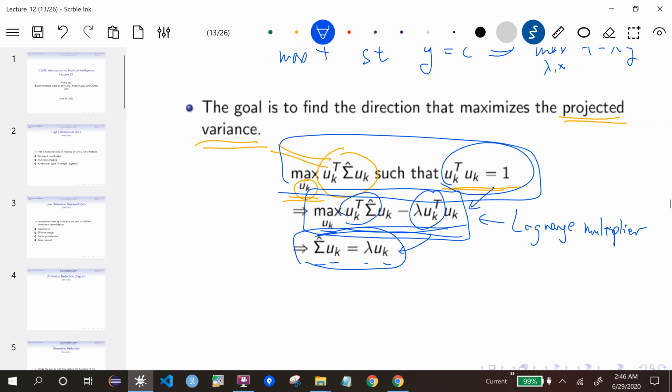At this point, you realize this is just the eigenvalue problem, right? A matrix multiplied by a vector is the same as a constant multiplied by a vector. So you can figure out these vectors and this constant by finding the eigenvalues and eigenvectors. This is our eigenvalue, and these u_k are our unit eigenvectors.